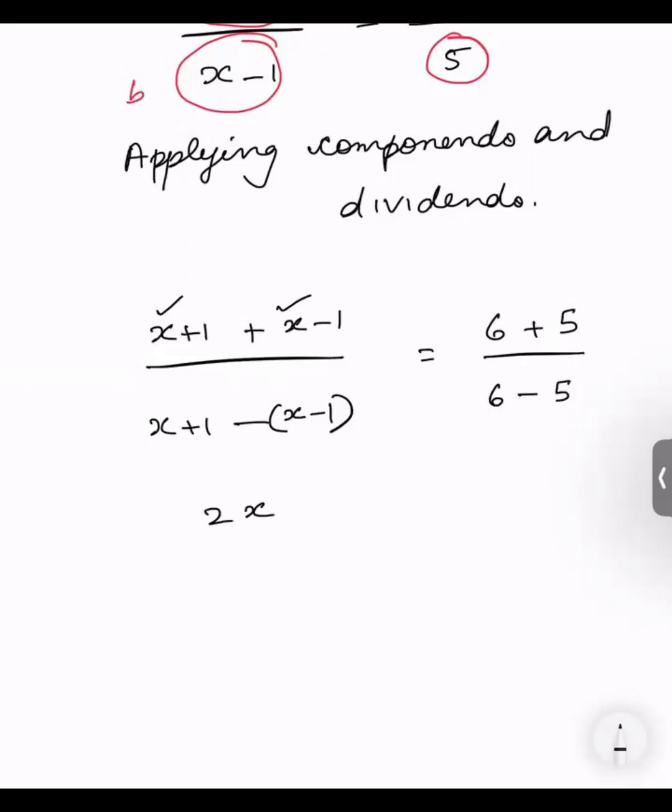So it will be 2x divided by, x minus x becomes 0, plus 1 and plus 1 becomes 2, is equal to 6 plus 5 is 11 divided by 1. So I am getting x is equal to 11. This is the final answer.